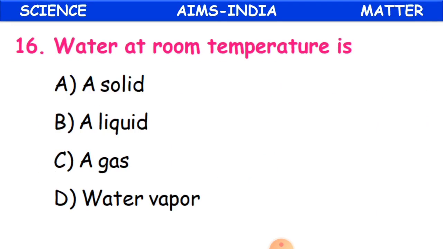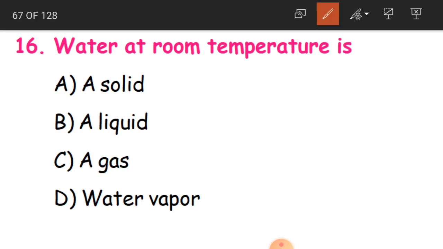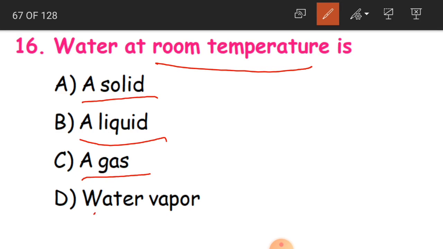Now, 16th question. Water at room temperature is a solid, a liquid, a gas or a water vapor? Answer is liquid. At room temperature, a normal temperature, we have our drinking water in a pot and water in our bucket.